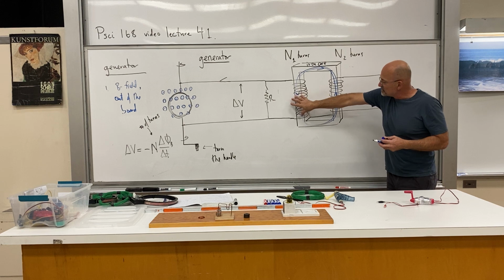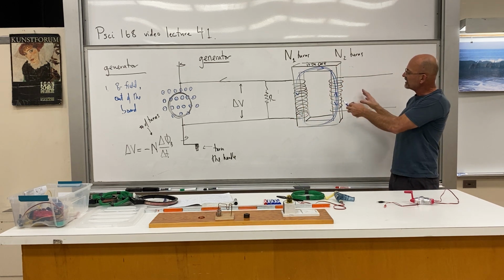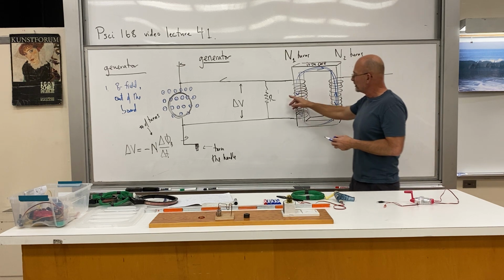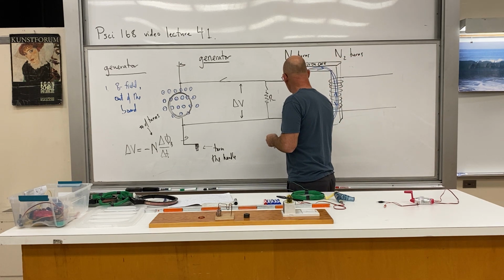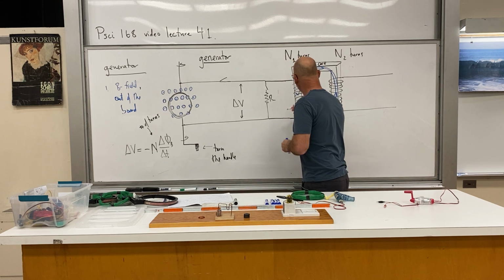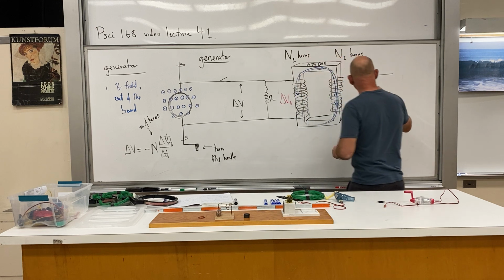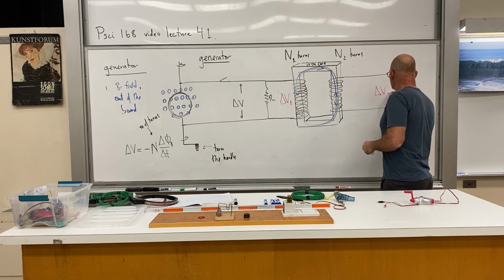We're getting a changing flux here, we're getting a changing flux over here. So without any contact, we have delta V1 over here. What color we want to use for that? How about red? We have delta V1, and over here now we get delta V2.